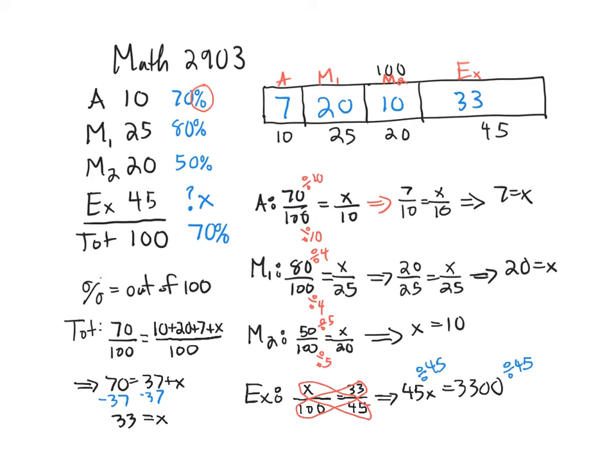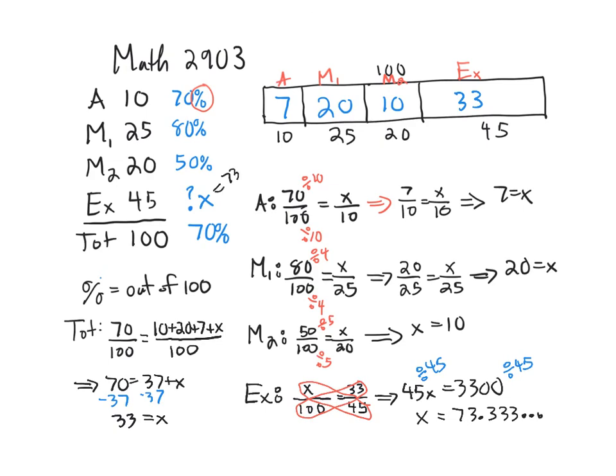So the next thing we're going to do is just divide by 45, which I just said. So we get that x. Oh, let me change color here. So x is, and you can check this if you like, it's 73.333 repeating forever.